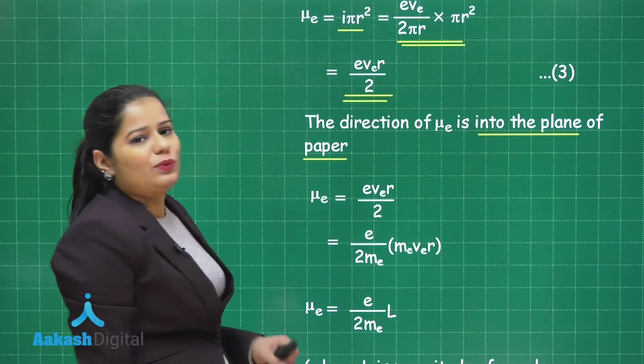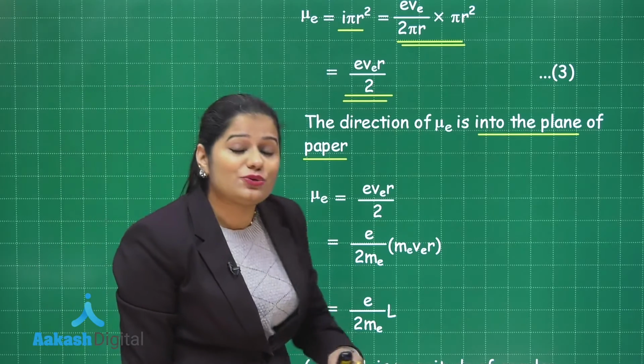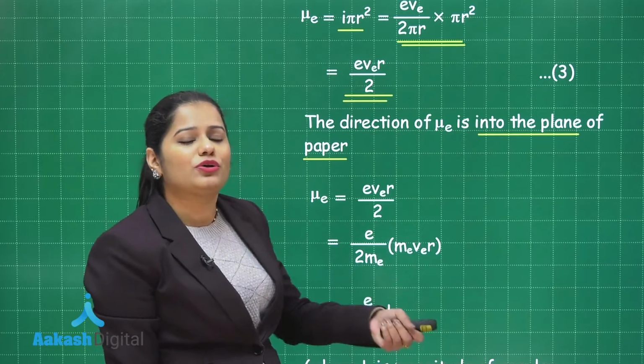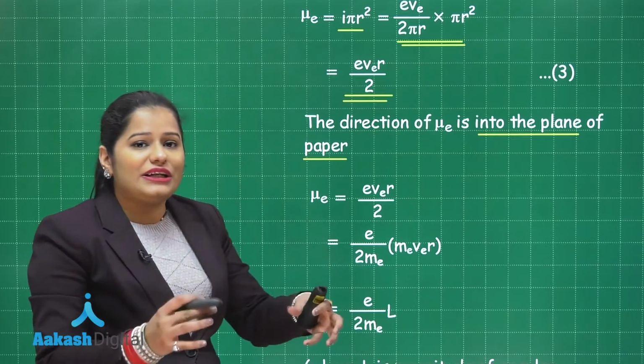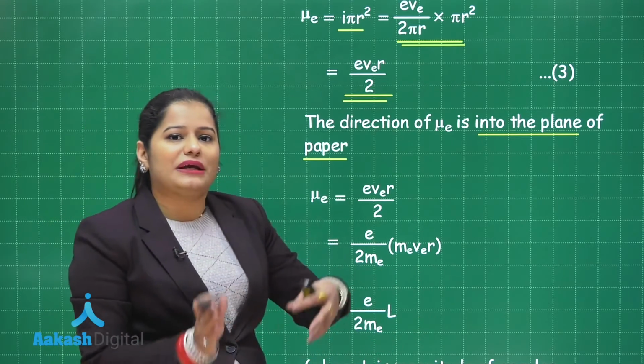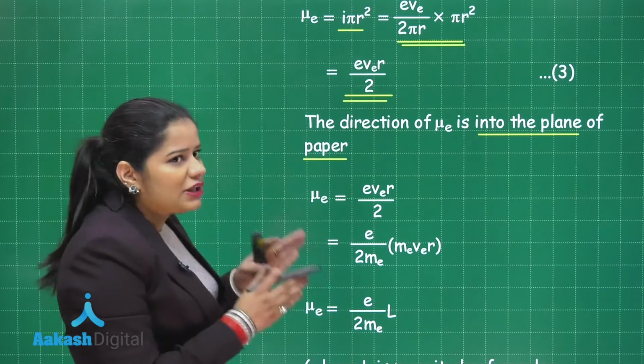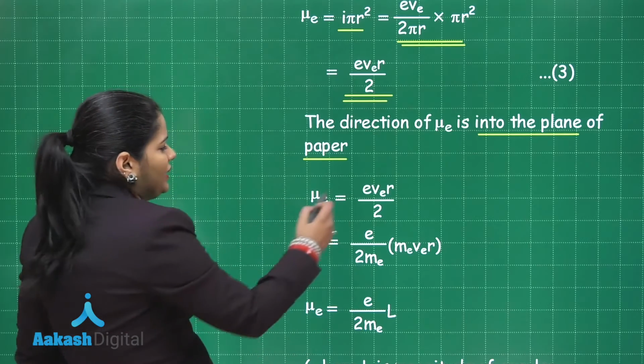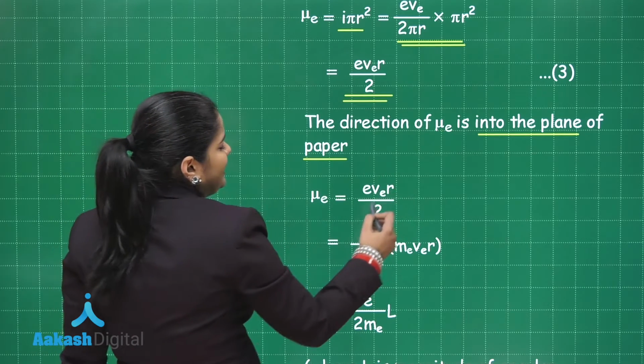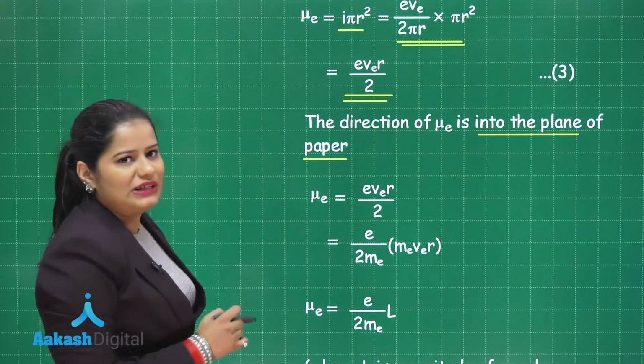Now in this question we were not just asked to find the magnetic moment of this revolving electron. We need to find the relation between the magnetic moment as well as the angular momentum of this electron. So what we need to do is multiply and divide this expression with the mass of the electron. What will we get?